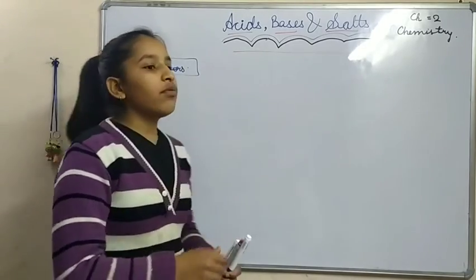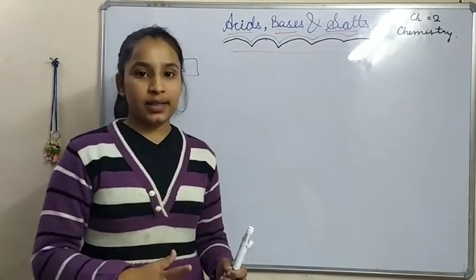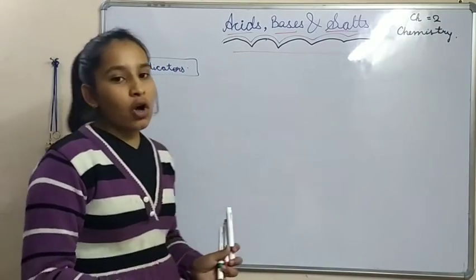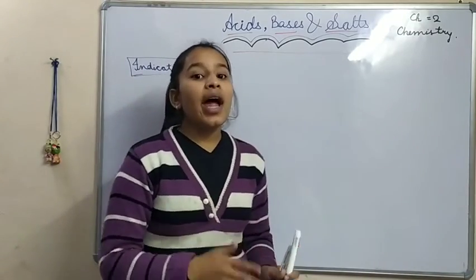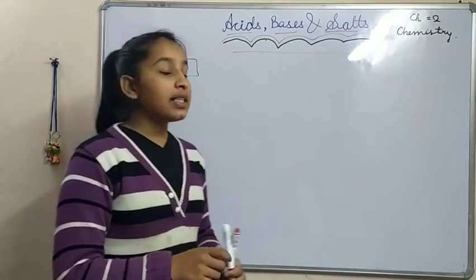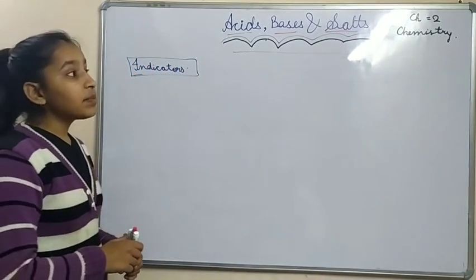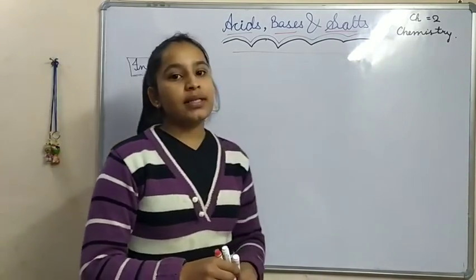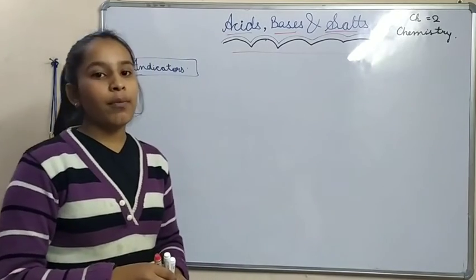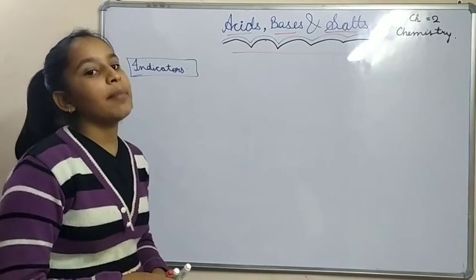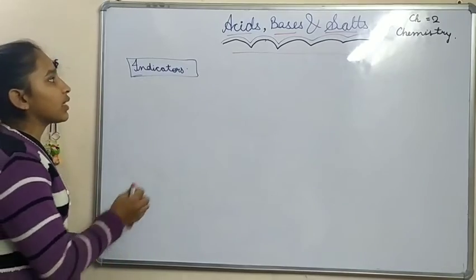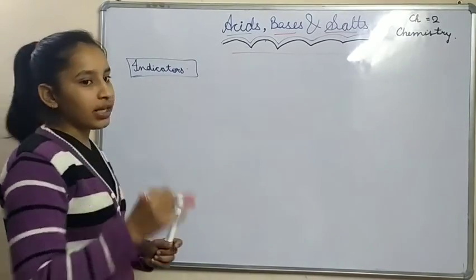You will say that we can also detect it by tasting. If it is sour, then it is an acid, and if it is bitter, then it is a base. But in science, there are some chemicals which are harmful for our body. We can't taste them. For testing those things, indicators are made.